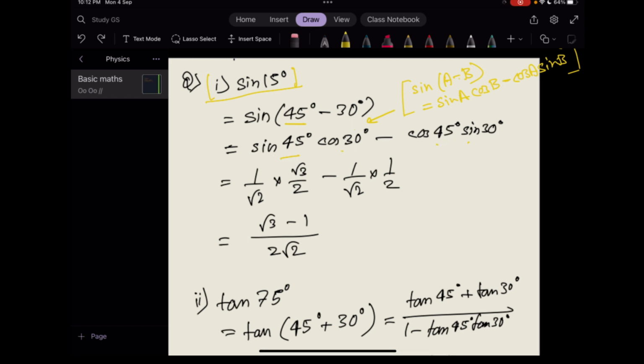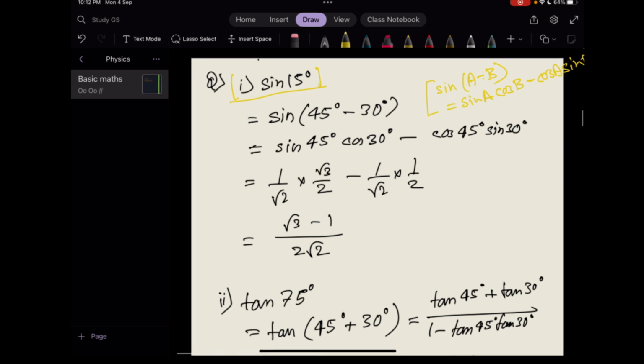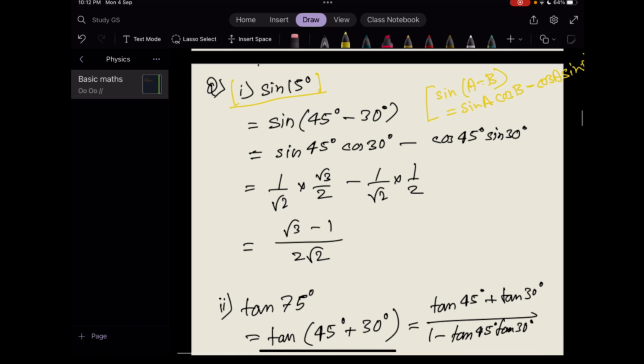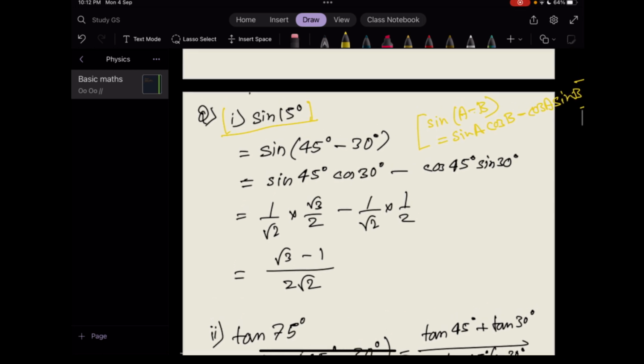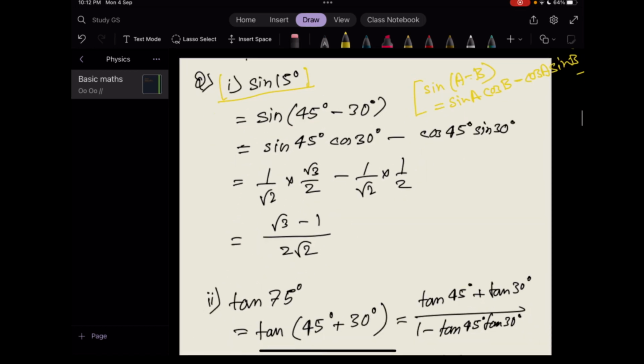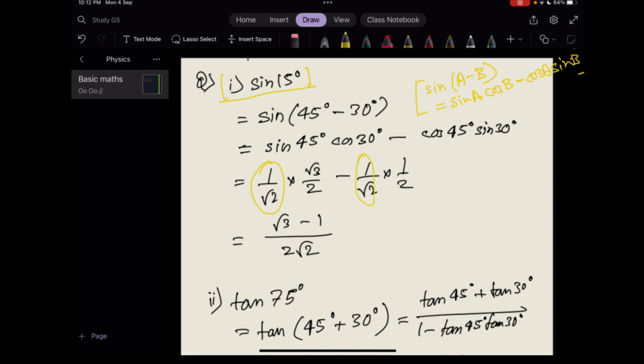Okay, so now once it is here, we all know the value of sine 45 degree, cos 30 degree, cos 45 degree and sine 30 degree. So what is the value of sine 45 degree and cos 45 degree? Must be same, that is 1 by root 2, 1 by root 2.